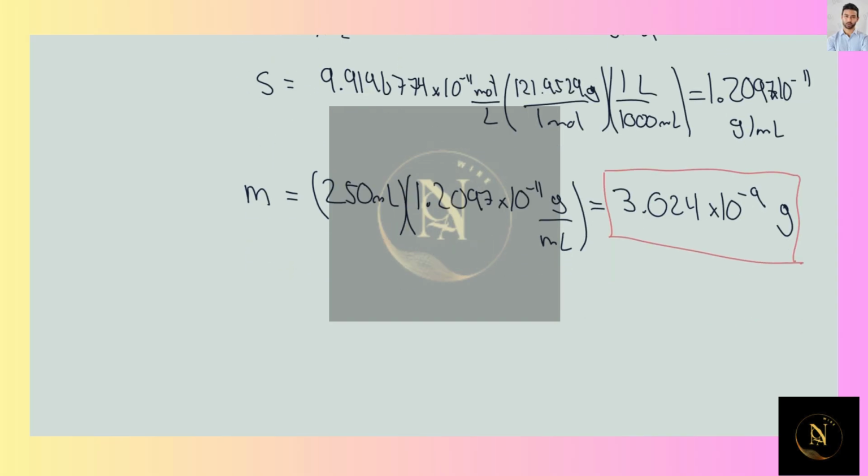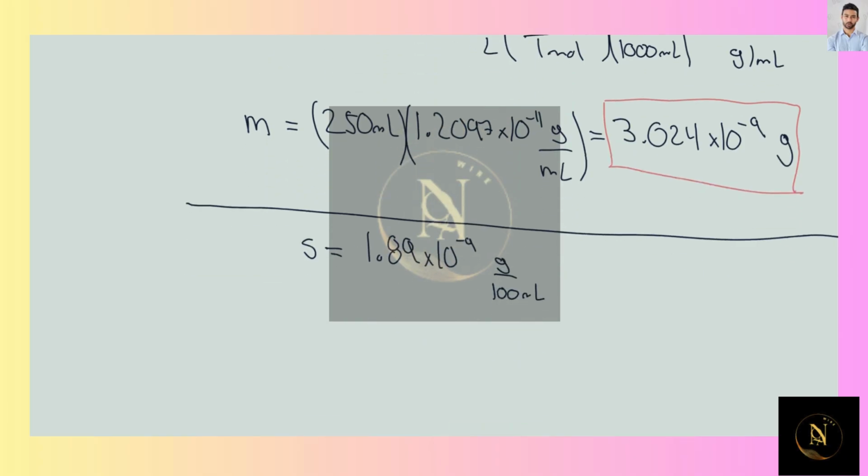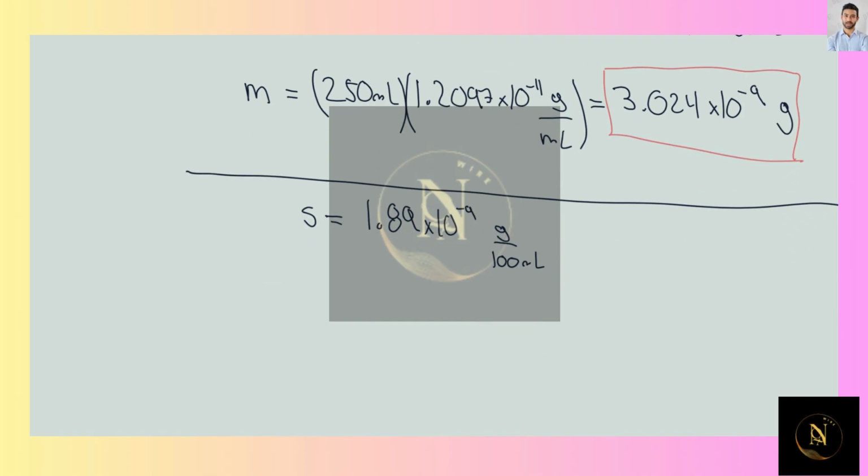Now, just in the case that you were given the value directly of solubility, for example, the one that I found online on Wikipedia, is that the solubility of this compound in water is 1.89 times 10 to the minus 9 grams per 100 milliliters. So, if this value is the one that is given to you, then the mass is going to be directly 250 milliliters multiplied by 1.89 times 10 to the minus 9 grams per 100 milliliters.